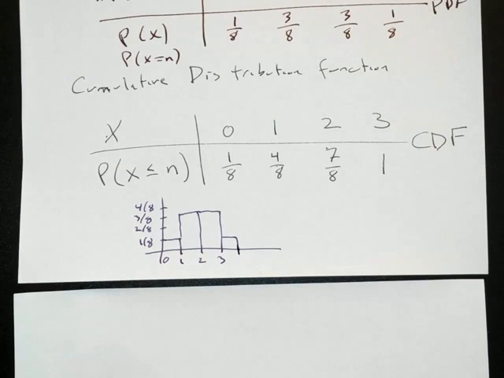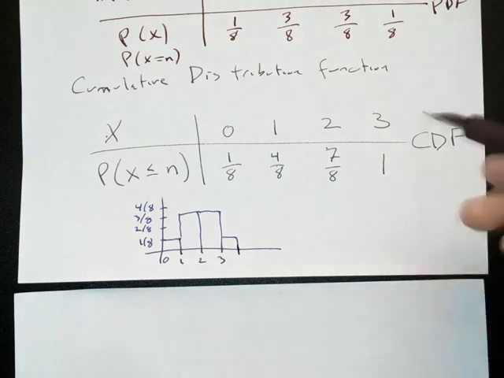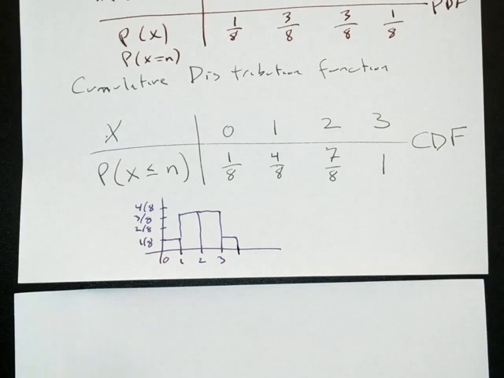Zero column, 1 column, 2 column, 3 column. There we go. I could also make a CDF histogram. That would have to go all the way up to 1, right? And it would look like it got bigger over time.